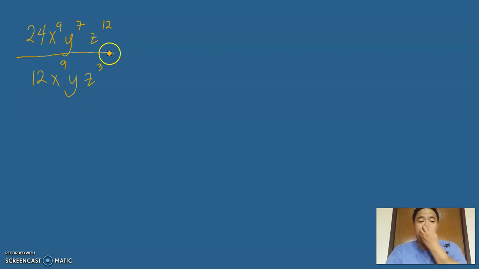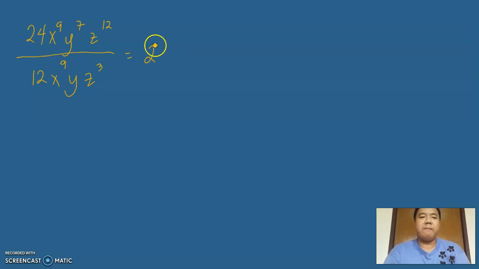So what are we going to do? So again, let's divide the numerical coefficient. 24 divided by 12 will give us an answer of 2. Very good. The x raised to 9 divided by x raised to 9. So that will be x raised to 0.